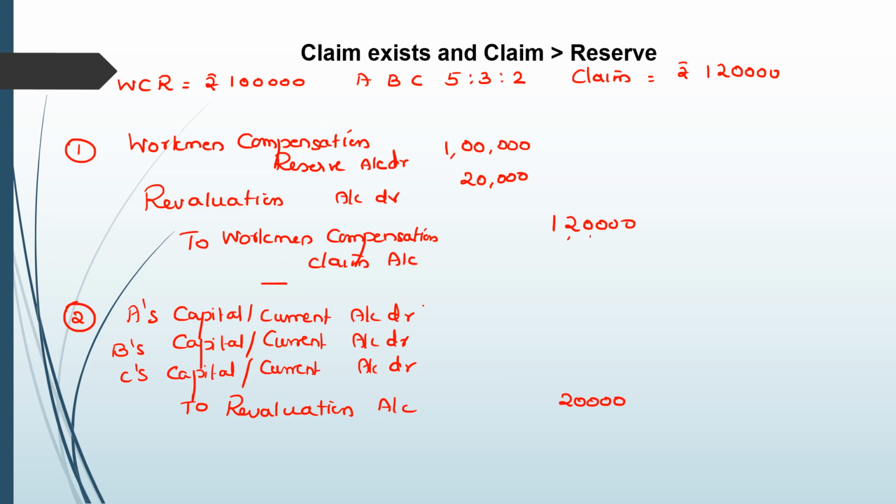and we would give it to the partners in their profit sharing ratio of 5 by 10, 3 by 10, 2 by 10. So that would be 20,000 divided by 10, 2,000.